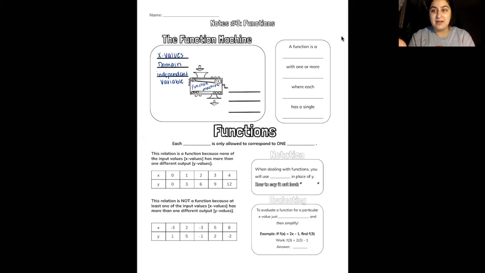We can put in any number and we'll get a number out, but it doesn't matter what number we put in. The number we get out depends on the number that we put in. So when we talk about what we put into the function machine, we're talking about x values, the domain, the independent variable. And when we're talking about what we get out of the function machine, we're talking about y values.